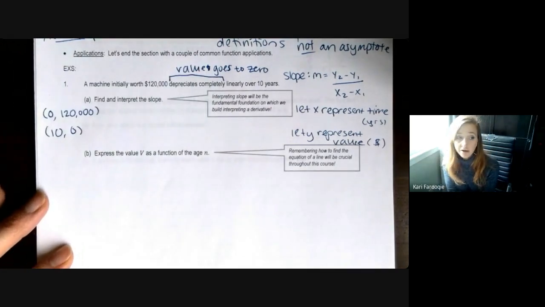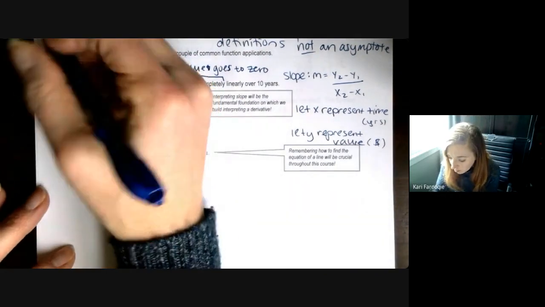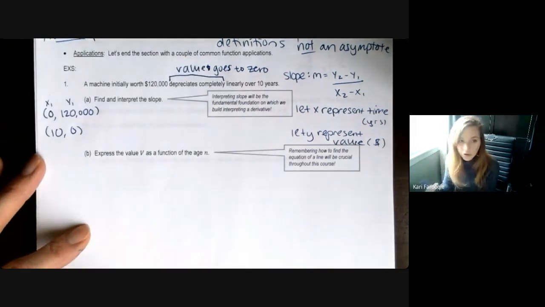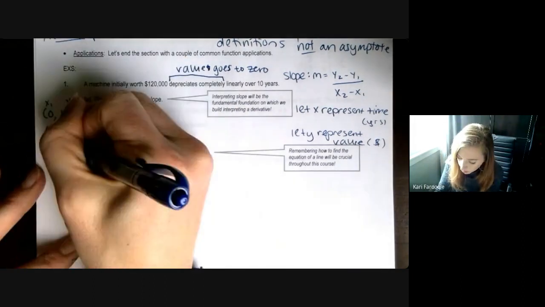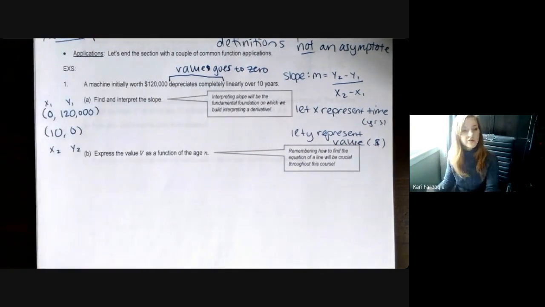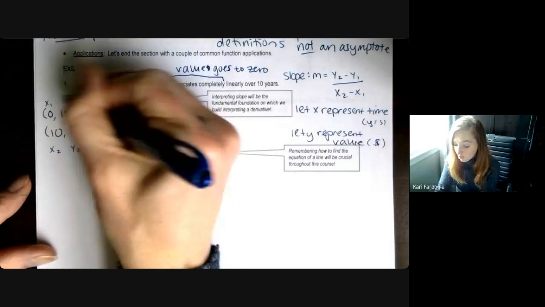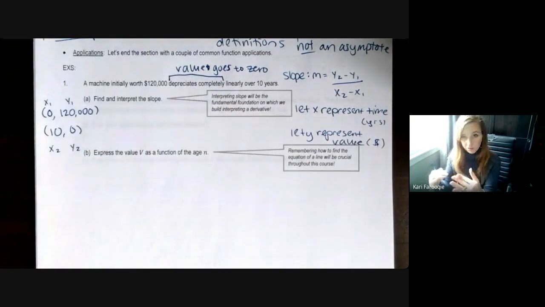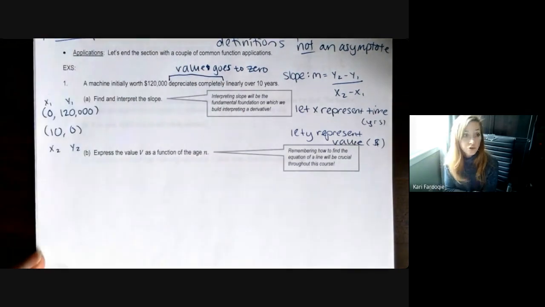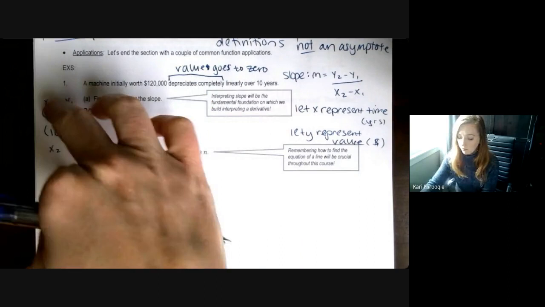It does not matter which one you let be X sub 1, Y sub 1. I'm just going to pick the first ordered pair and label it X sub 1, Y sub 1, but it doesn't matter. Either way will work. And then X sub 2, Y sub 2. Just as long as in each ordered pair, you're using the subscripts consistently. This will be subscript 1, and then the next ordered pair will be subscript 2.